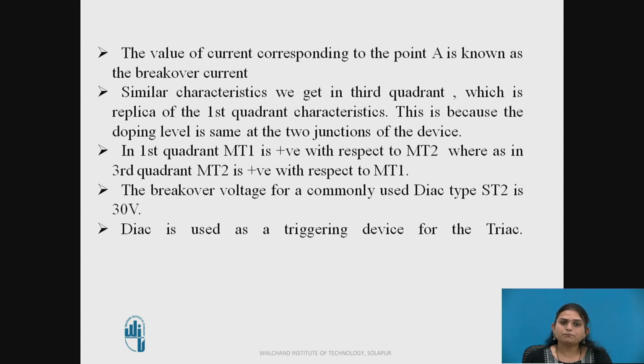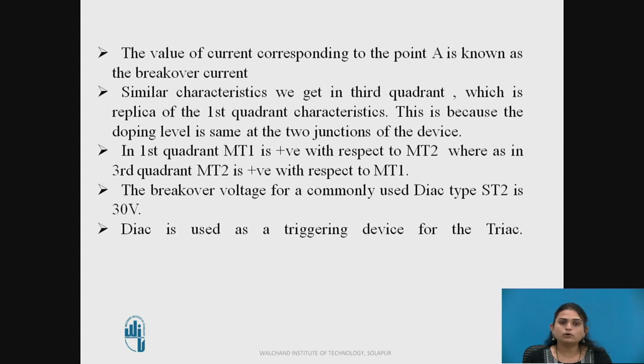This happens because the doping level is the same at the two junctions of the device. So in the first quadrant MT1 is positive with respect to MT2, whereas in the third quadrant MT2 is positive with respect to MT1. One point to be noted: the breakover voltage for the commonly used DIAC ST2 is 30 volts.